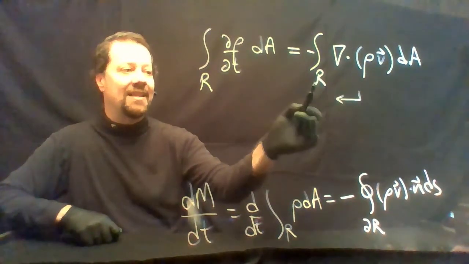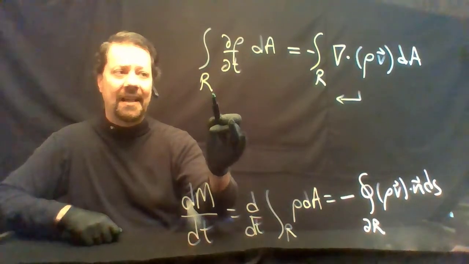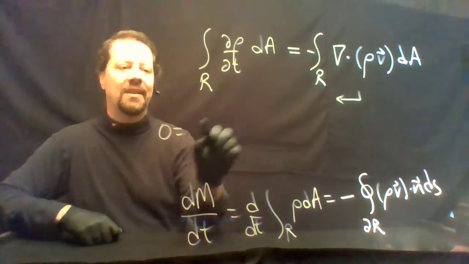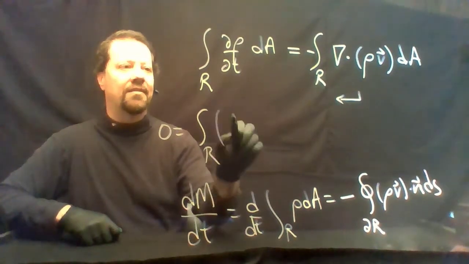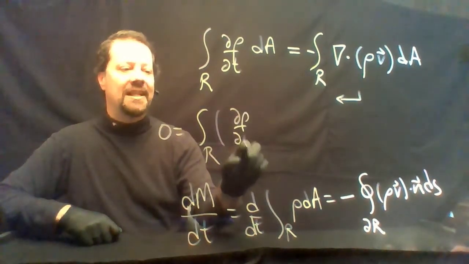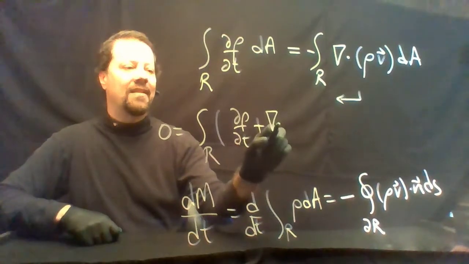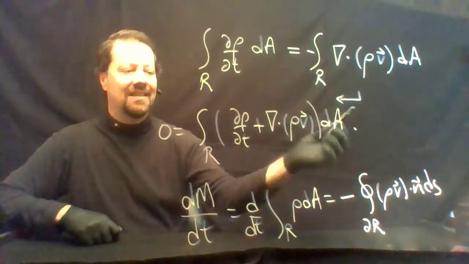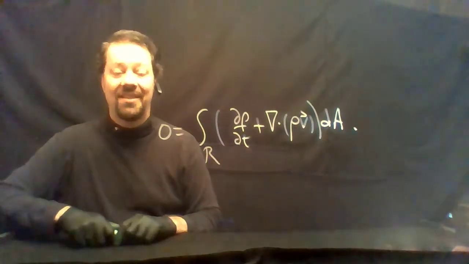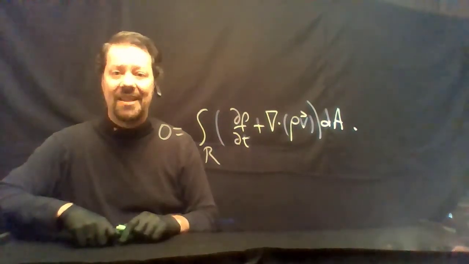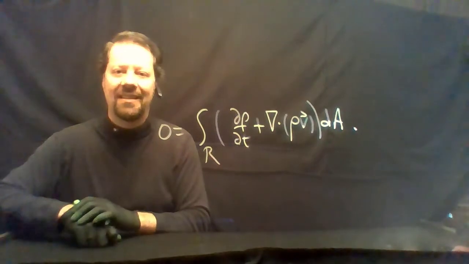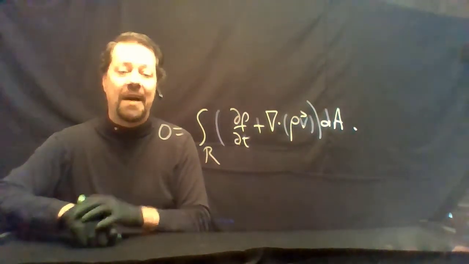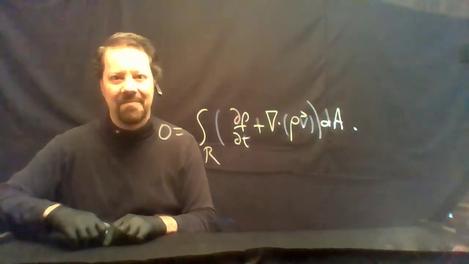We'll now combine these two integrals, which are of the same kind. They're both area integrals now. We'll get 0 is the integral over R of the partial of rho with respect to t plus the divergence of rho v, dA. To get to this point, we had to actually make an implicit assumption that the only way mass could change within the region R is by flux through the boundary.